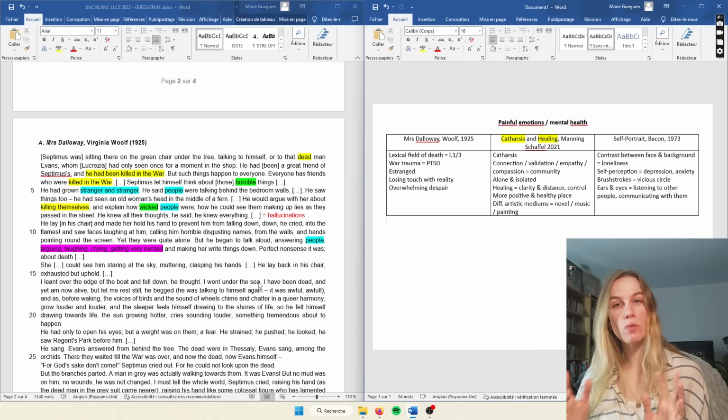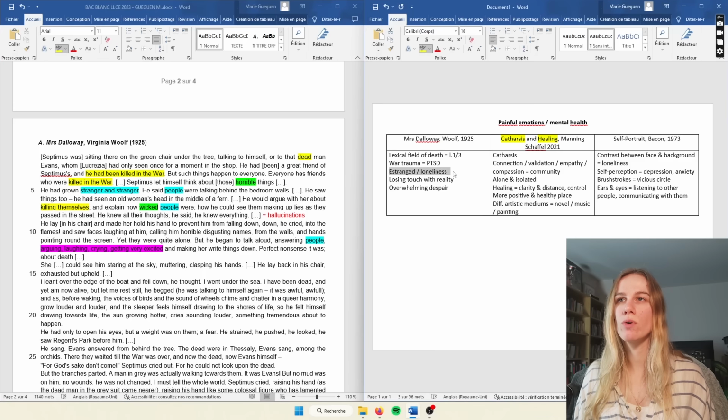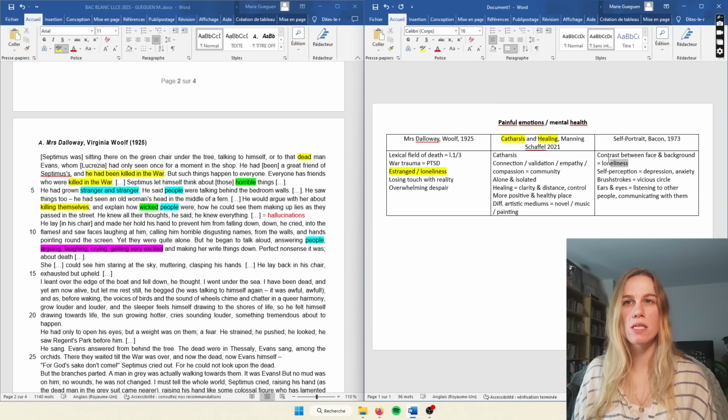So in the first document, we had a character who was extremely lonely, so you can highlight this loneliness. We also have this idea of loneliness in the third document with the contrast between the face and the background. And it's also mentioned in the second document with being alone and isolated.